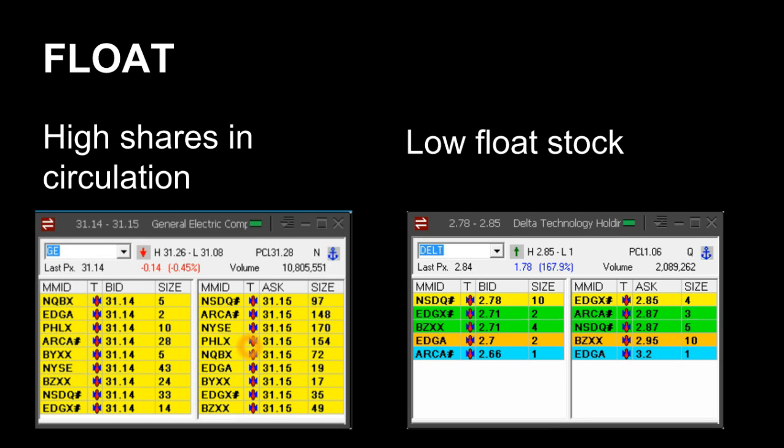On the other side, we have the low float stocks, and as you can see, we have these low price stocks below $10 with 2 million shares and up 167%. This is huge. And on the other hand, General Electric is only moving 0.45%, okay, with a lot of volume. So this is the difference.